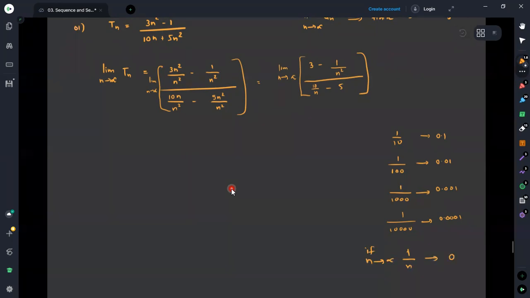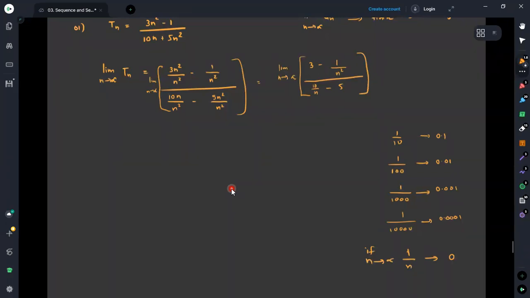It is because as the value of the denominator becomes larger, the final answer becomes 0.